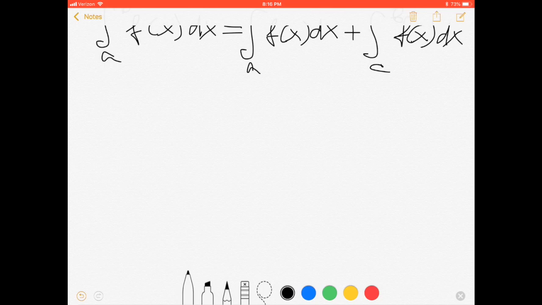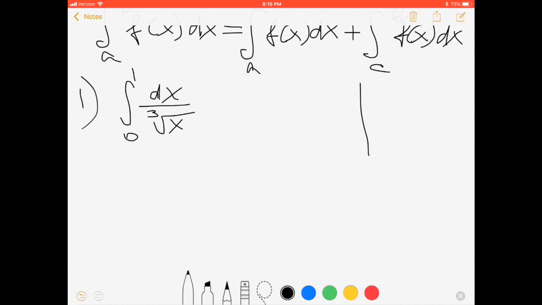Looking at some examples we can solve. For example, example number 1, we have the integral from 0 to 1 of dx over the cube root of x. Remember what a definite integral means: we need to find some area.